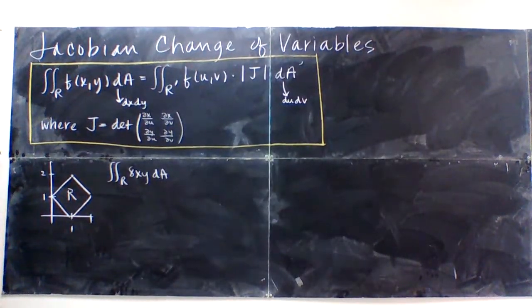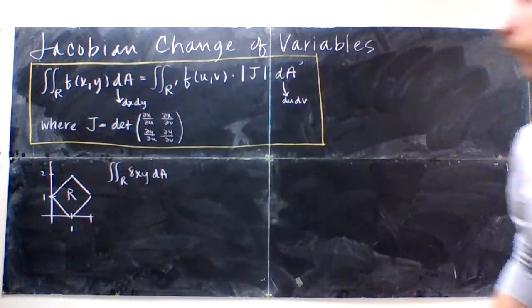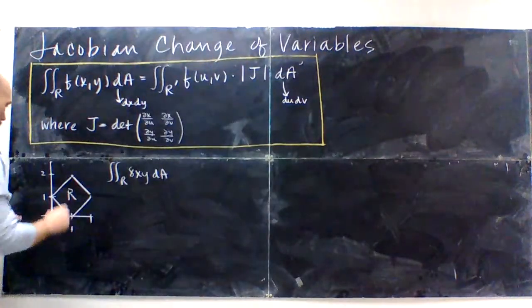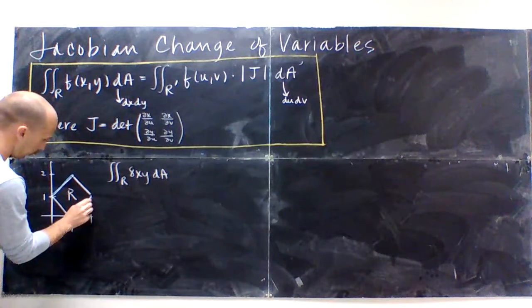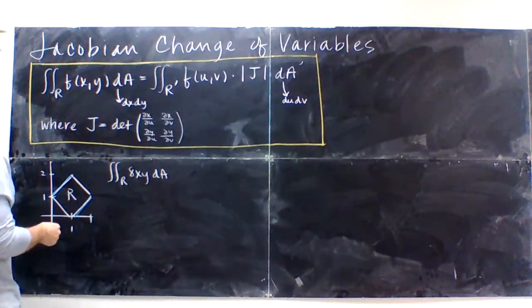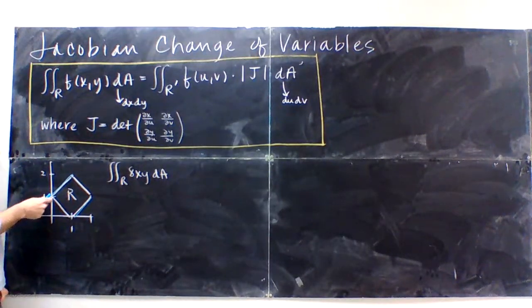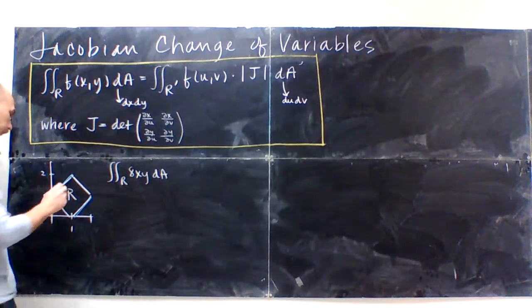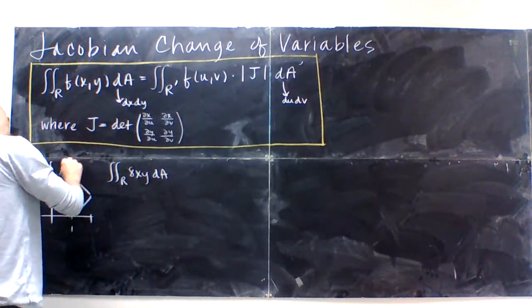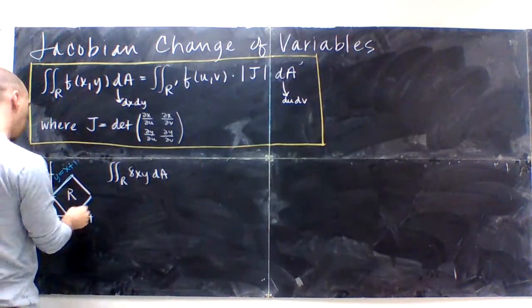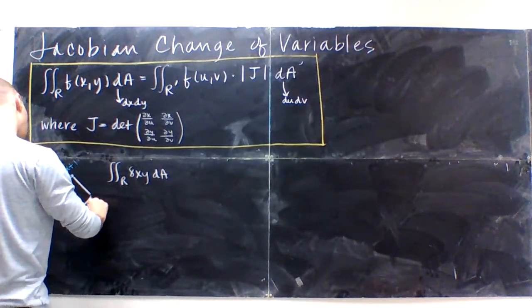I'll bring out some color. All right. So maybe I'll say that these blue curves here, this is y equals x plus 1, and this is y equals x minus 1.